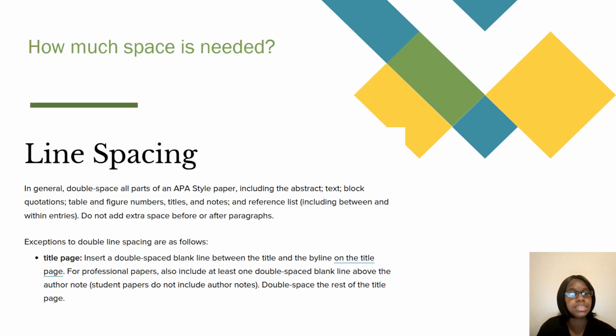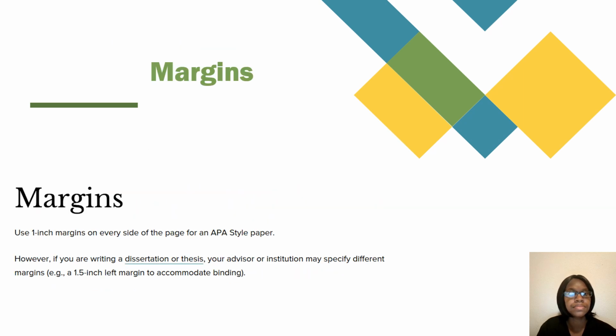This lets you know how much spacing you need, and then you want to make sure that you double space your entire paper, especially if you are a student. For your margins, I use 1-inch margins all around, like it states. So depending on what type of research paper you are doing, just follow the guidelines for your margins.